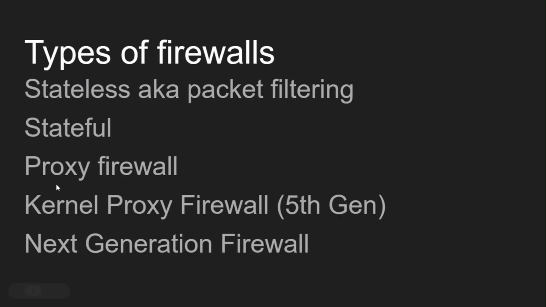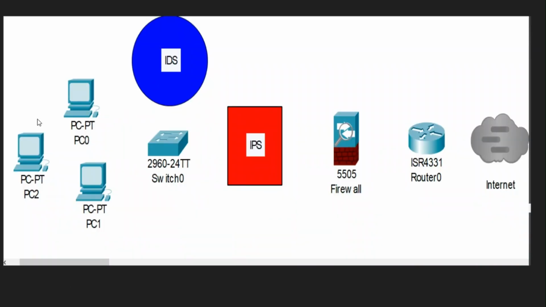And we mentioned yesterday how the kernel proxy firewall, which is technically considered a fifth generation firewall, and the next generation firewall, are starting to look at things at all layers of the OSI model, compared to your stateless, which was basically just looking at IP addresses, ports, and protocols. So just keep that in mind.